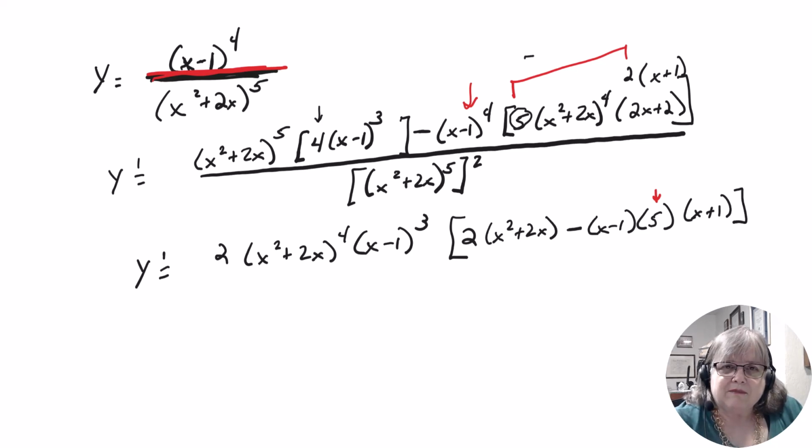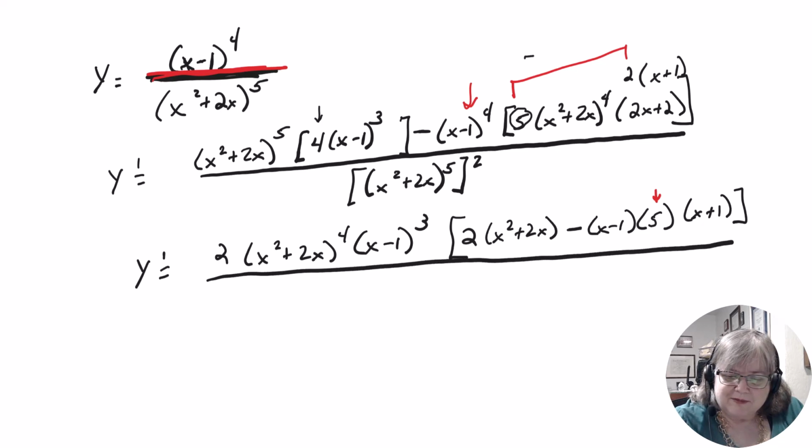Now, are you done with this calculus part? No. Don't forget the denominator. Okay, and x squared plus 2x to the 5th raised to the 2nd. These two powers right here multiply. So you have x squared plus 2x to the 10th.